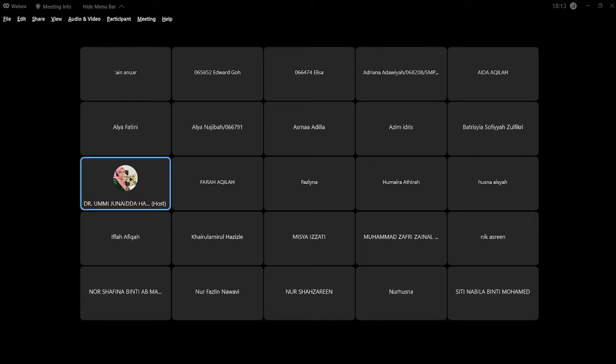And for the current ratio and acid test ratio is under which type of ratio? Liquidity ratio. And the last one, inventory turnover ratio is efficiency ratio ataupun we also call as the activity ratio kan.